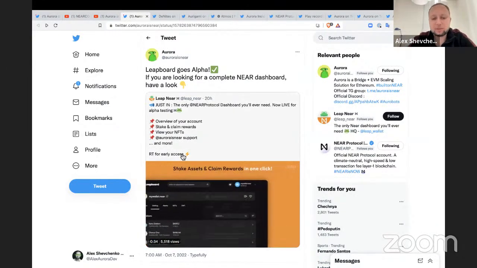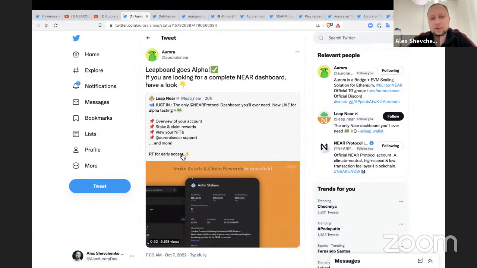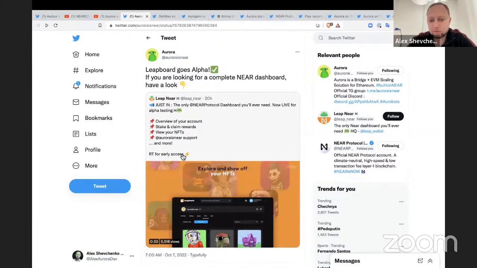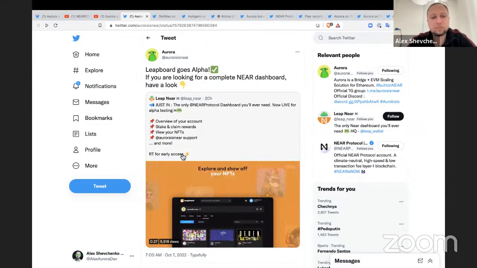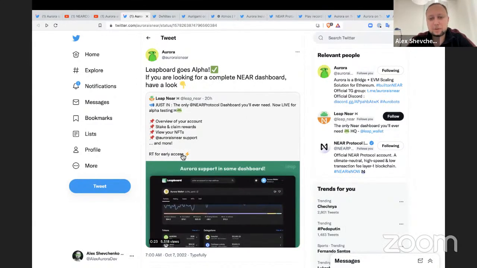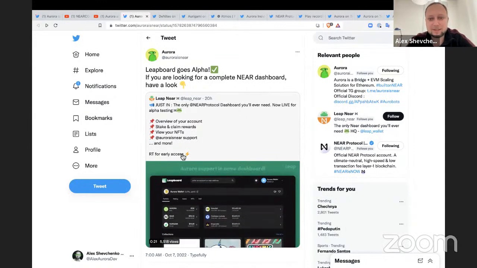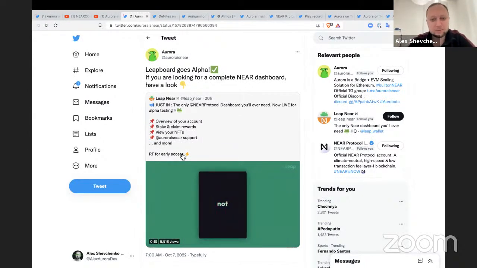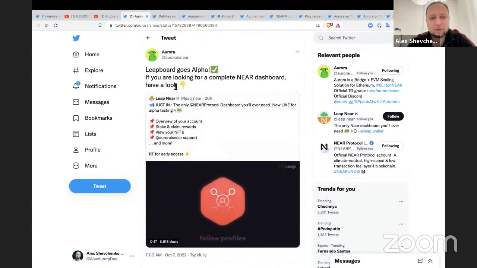And you are able to check out how this dashboard looks. Looking forward to this. Dashboards are one of the most important things for businesses to operate. And good job, Leap. I'm sitting and waiting to take a look at it. Your dashboard, probably not on the alpha stage, but rather on the beta, or actually in production.